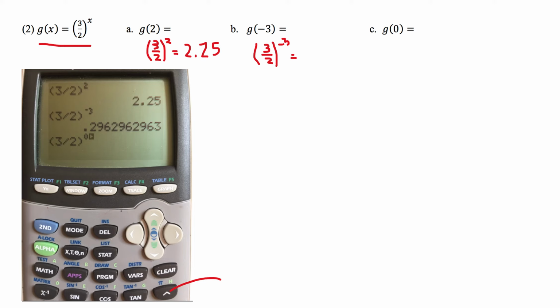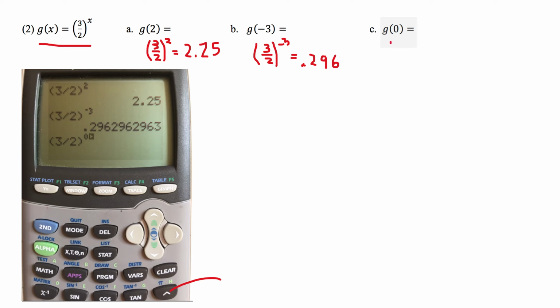I'm going to round it to 3 decimal places, so I'm going to go 0.296. You would just want to follow the directions on My Math Lab as far as how it asks you to round. If it asks you to round to 3 decimal places, we would go 0.296. If it asks you to go to 2 decimal places, you would go 0.30 in this case.